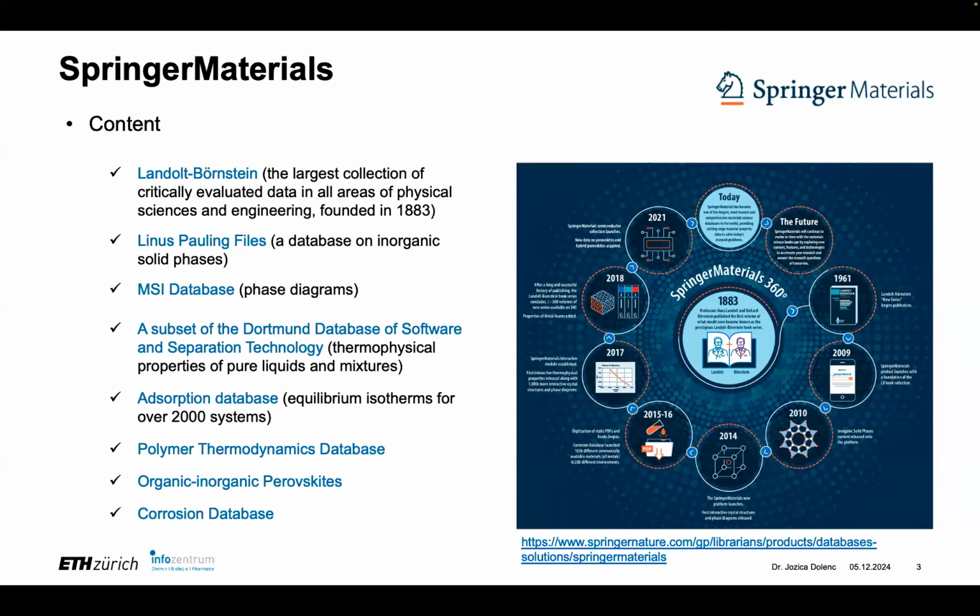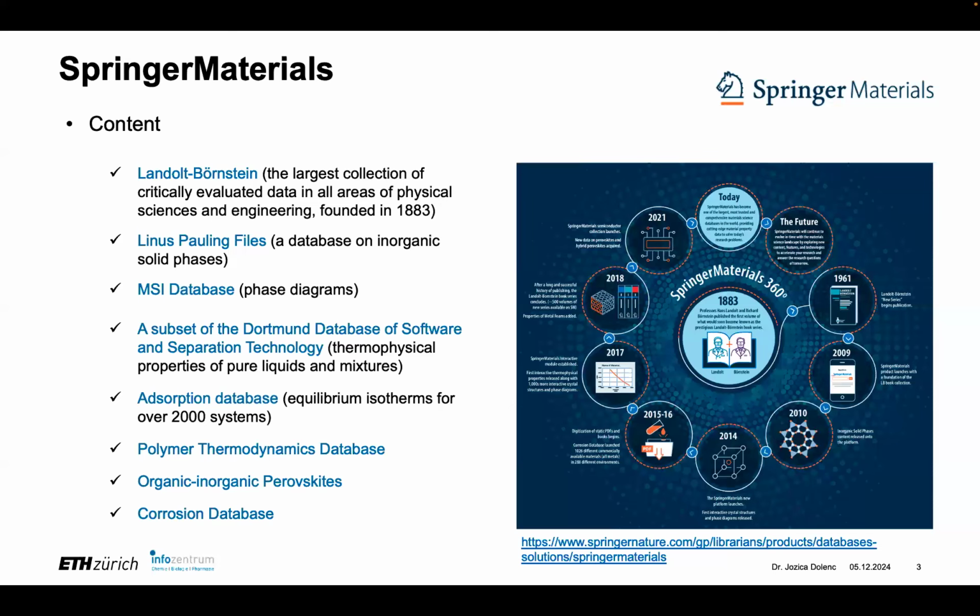Now, over the years, as you can see on these graphics here on the right-hand side, SpringerMaterials included also other databases, not just Landolt-Börnstein, but also Linus Pauling files, which are for phase diagrams and inorganic solid phases. There's a lot of thermophysical properties of pure substances and mixtures.